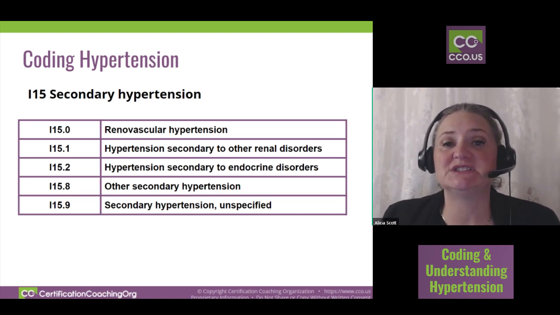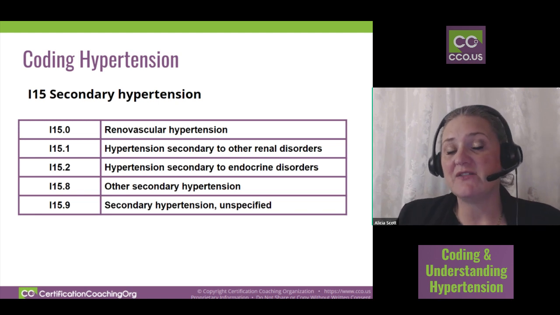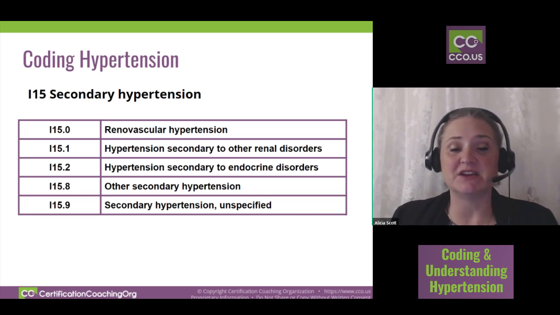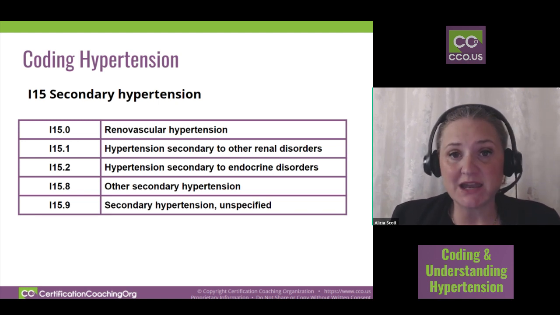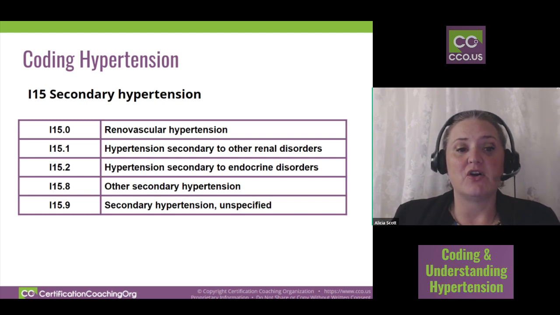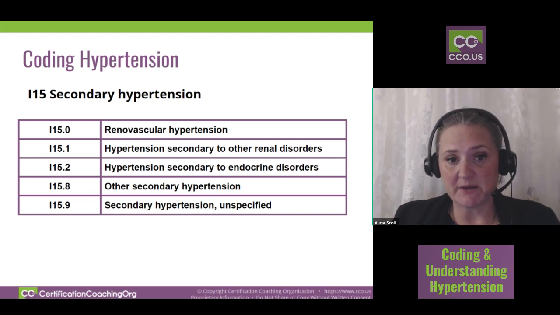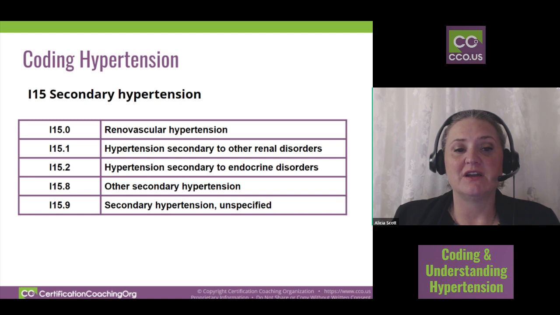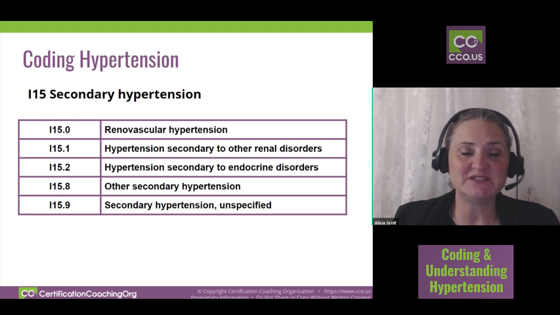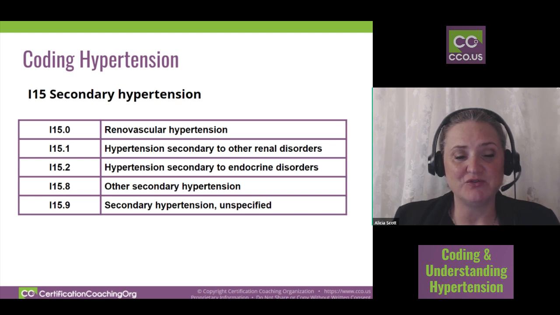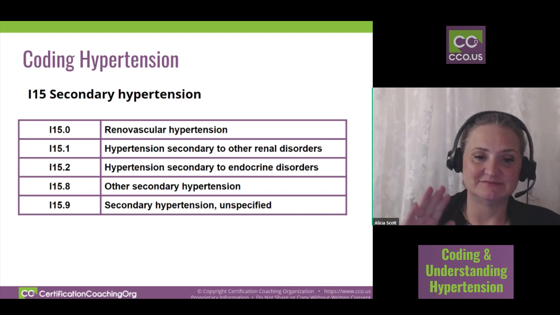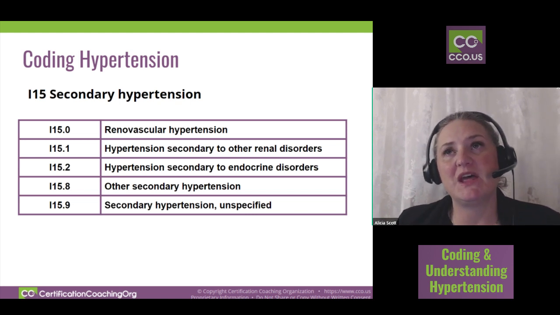There is also secondary hypertension. Secondary hypertension just means you wouldn't have hypertension unless it was secondary to something else going on in the body. There are five options here, and they're I15. So there are 5 types of secondary hypertension you can code for, and how are you going to remember that? I don't know.